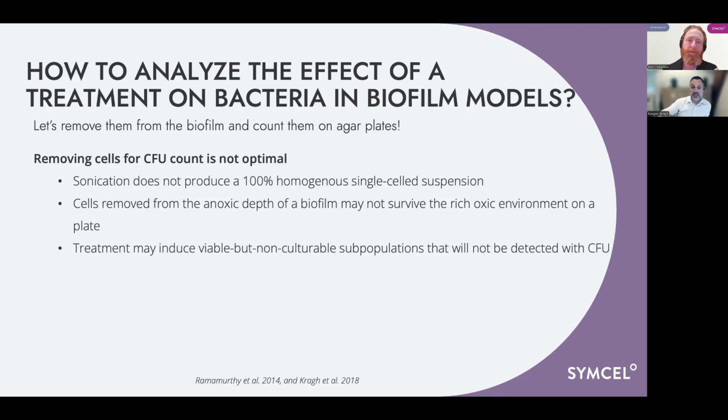They will die of oxic shock, even though facultative anaerobes can survive most of it. Then the treatment you have tested could actually induce viable but non-culturable subpopulations in the biofilm, which we know exist, and they will not be able to grow on an agar plate either.